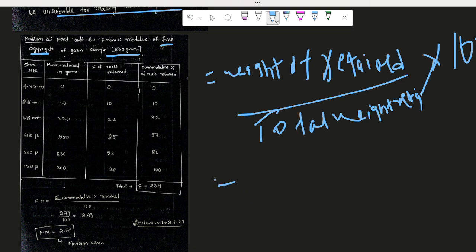For example, the weight retained is 0, divided by the total weight, which is given as 1000 grams, into 100. That means 0 divided by anything is 0.